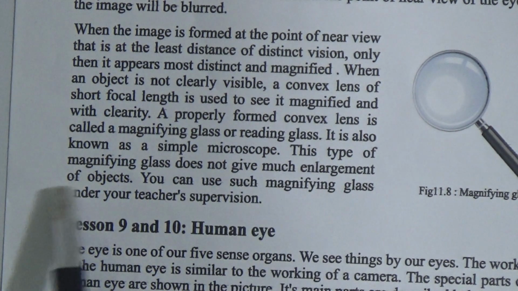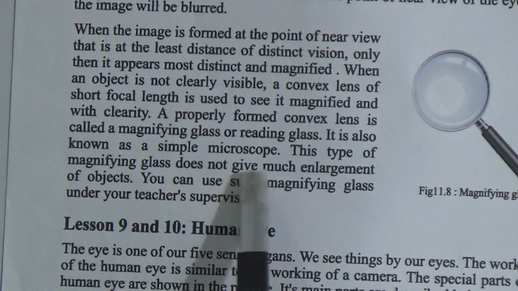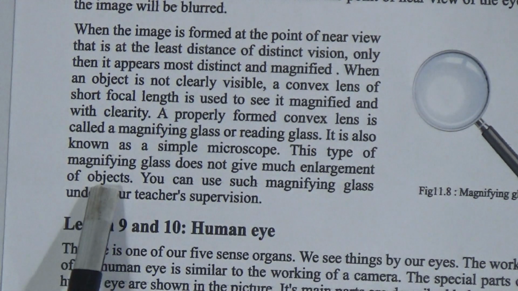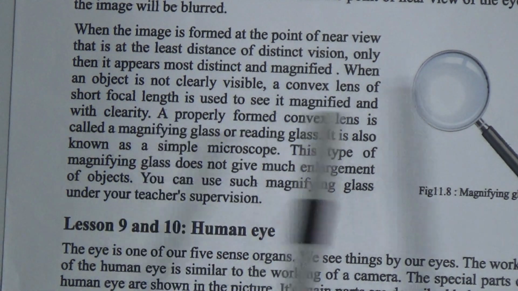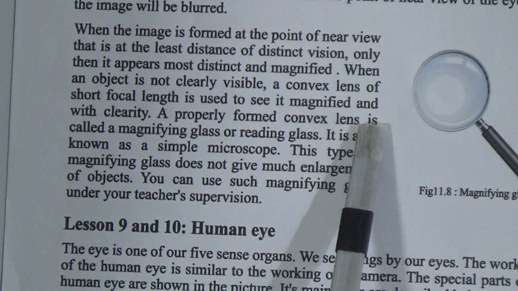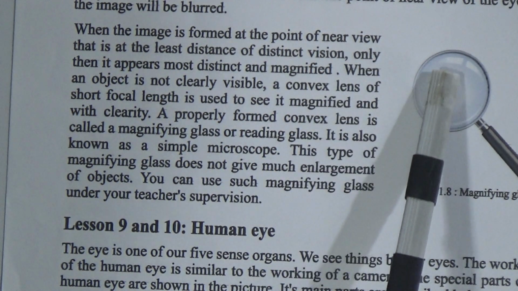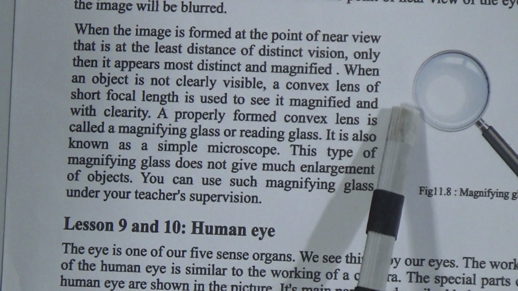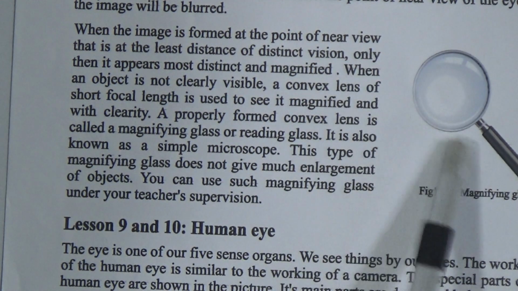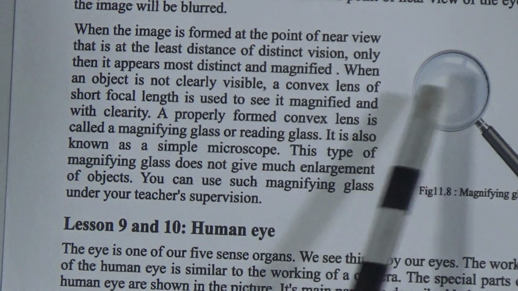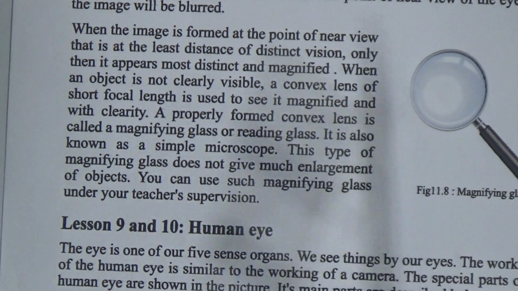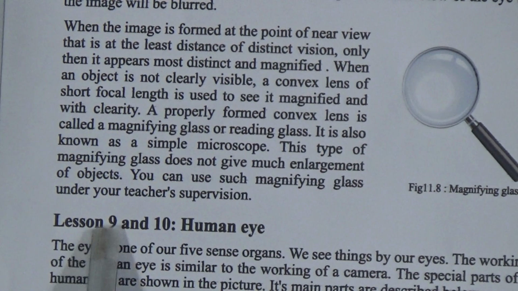This type of magnifying glass does not give much enlargement of an object, and for getting a much enlarged image of the object, we have to use the electron microscope, and they also use this type of biconvex lens. Now come to the next lesson, lesson 9 to 10.